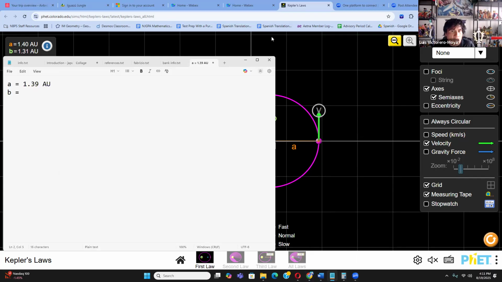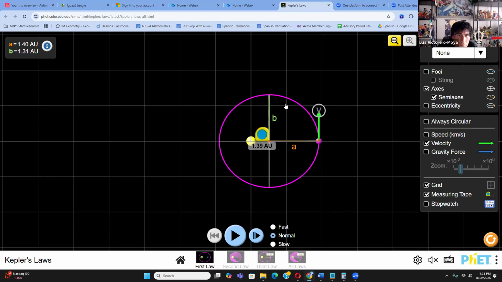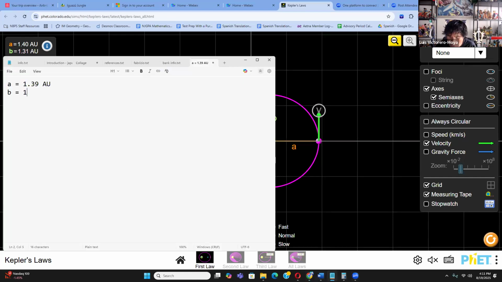And then the value of B, 1.30. If you look closely here, the difference is 0.01 AUs. That's okay. Let's use the values I measured.